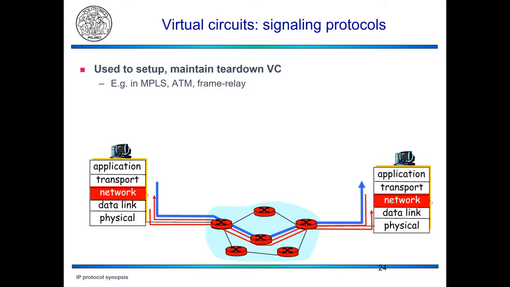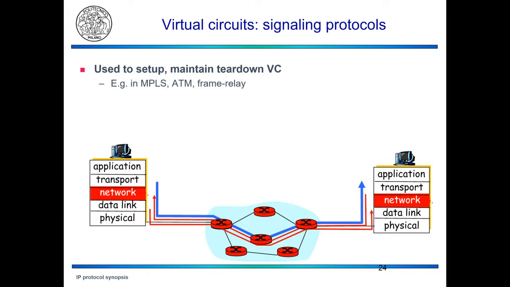So let's go on in this overview of internet, and we are already at the network layer, which is the layer we have to focus and explain into details. And we were talking about the virtual circuit service, which is one of the possible services offered by the network layer.